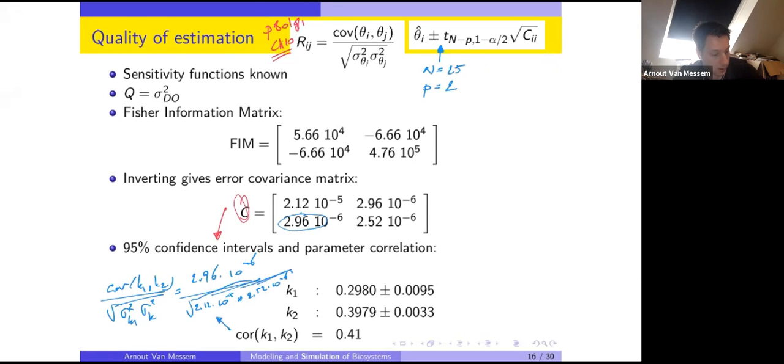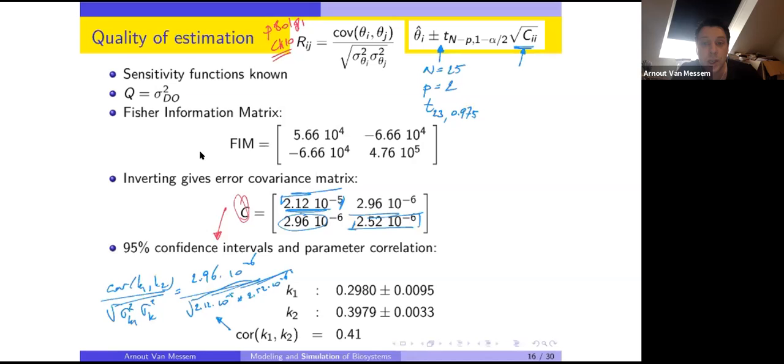So this gives me a t quantile for a distribution with 23 degrees of freedom, and then we needed the 97.5 quantile because we have a two-sided interval. And then this is just again what you find here on the diagonal of the covariance matrix.